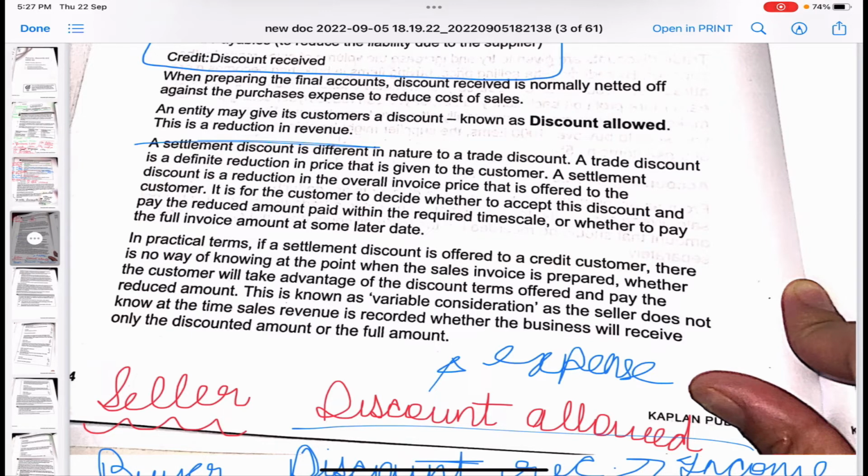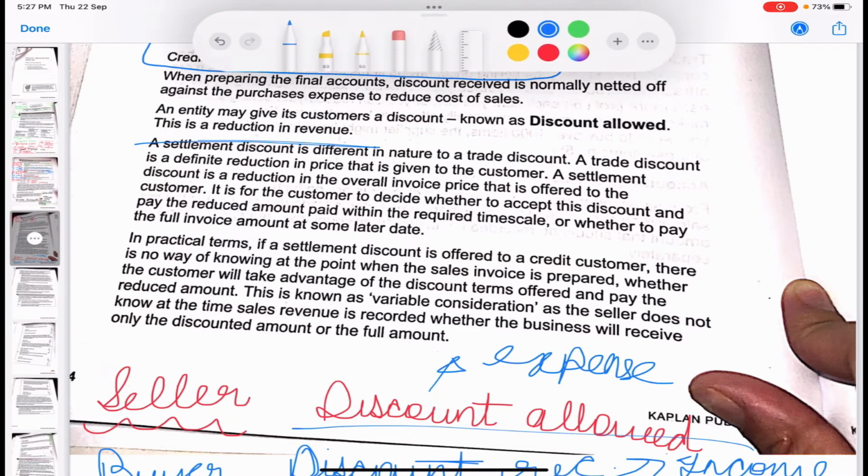In practical terms, if a settlement discount is offered to a credit customer, there is no way of knowing at the point when the sales invoice is prepared whether the customer will take advantage of the discount offered and pay the reduced amount. This is known as variable consideration, as the seller does not know at the time sales revenue is recorded whether the business will receive only the discounted amount or the full amount.